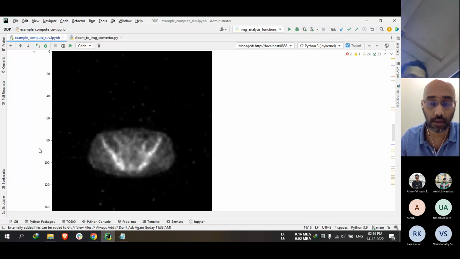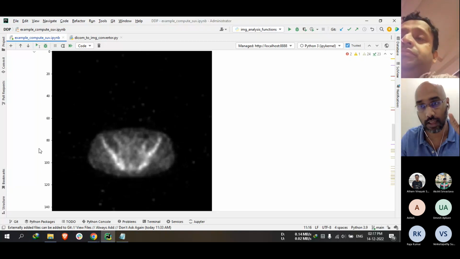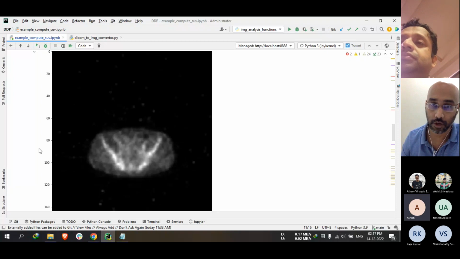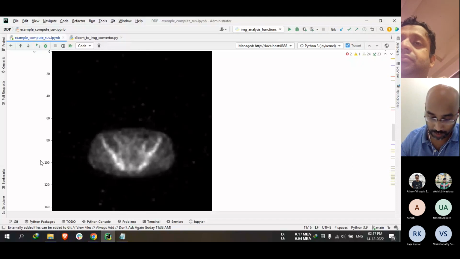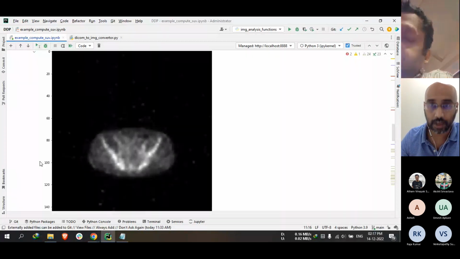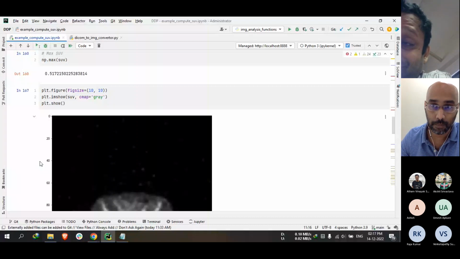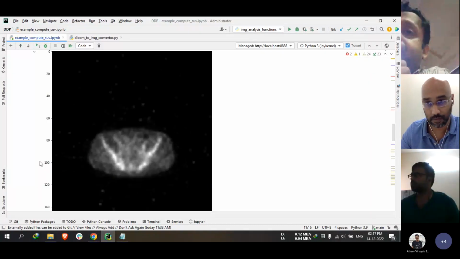We want to calculate the SUV in each pixel. And that is what I was saying before, that there are three factors that go into calculating the SUV, which is the pixel intensity value, the image scale factor, and the dose calibration. Now, I think we can extract from the DICOM metadata the image scale factor, which is also called the rescale factor.